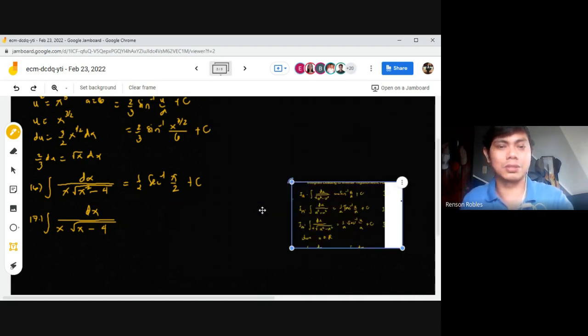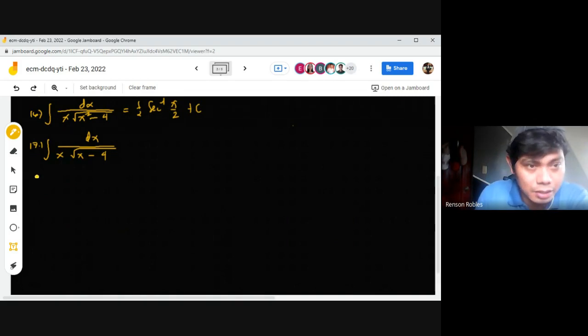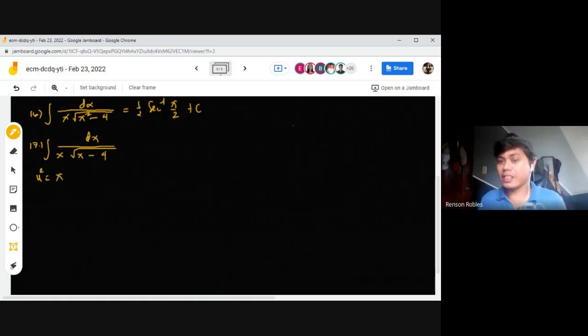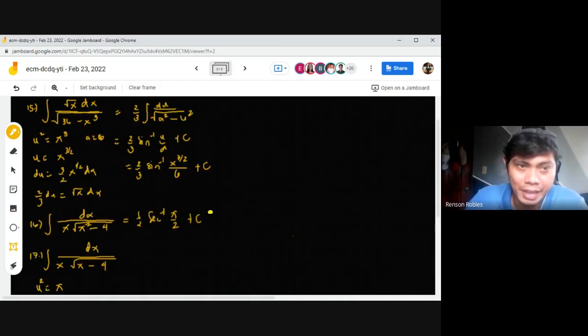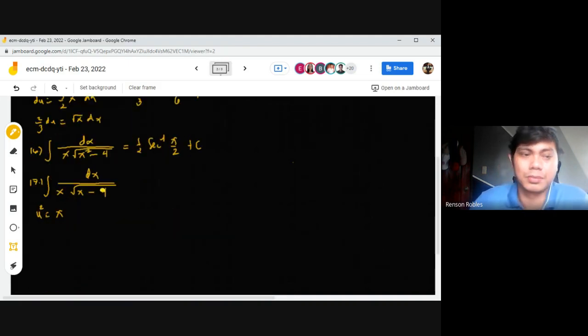And this is how it goes. Again, what am I telling you is that the u square should not always be an expression raised to an even power. Pwede din siyang odd power, like number 15, wherein u squared is equal to x cubed. So if u squared is equal to x, what is our u?